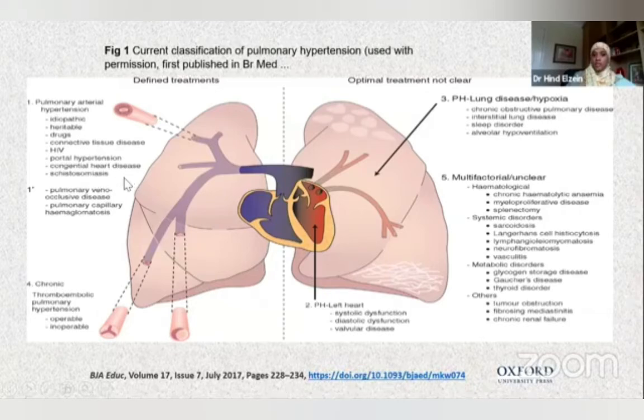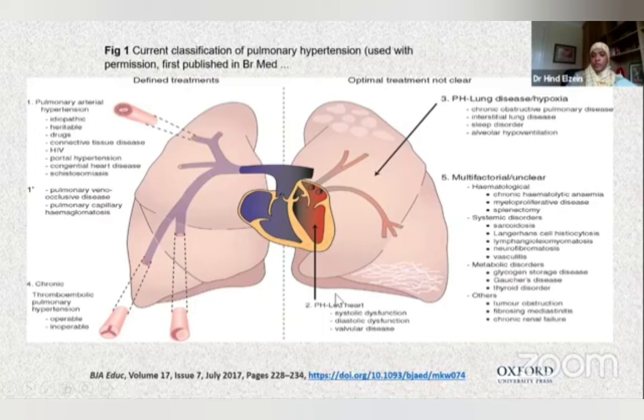Portal hypertension and congenital heart disease also fall in this group. Portal hypertension secondary to schistosomiasis also belongs to this group. Subgroups of group 1 include pulmonary venous occlusive disease and pulmonary capillary hemangiomatosis.